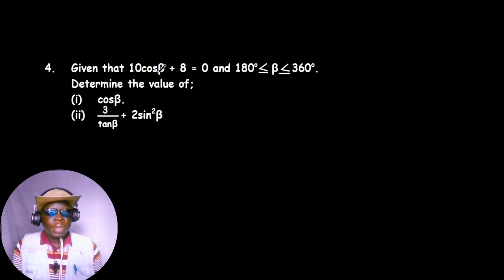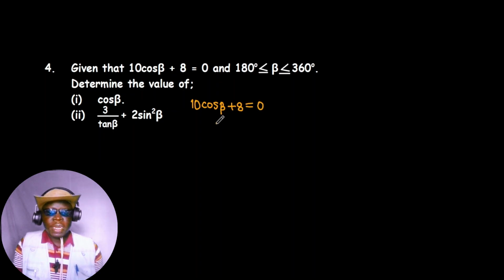We have to simplify such that we have this one as one angle. So that is the first step we have to mark here. Now, let's go ahead and do that. We first need to copy our given expression here, that we have 10 cos of beta. We add our 8. This must give us 0.